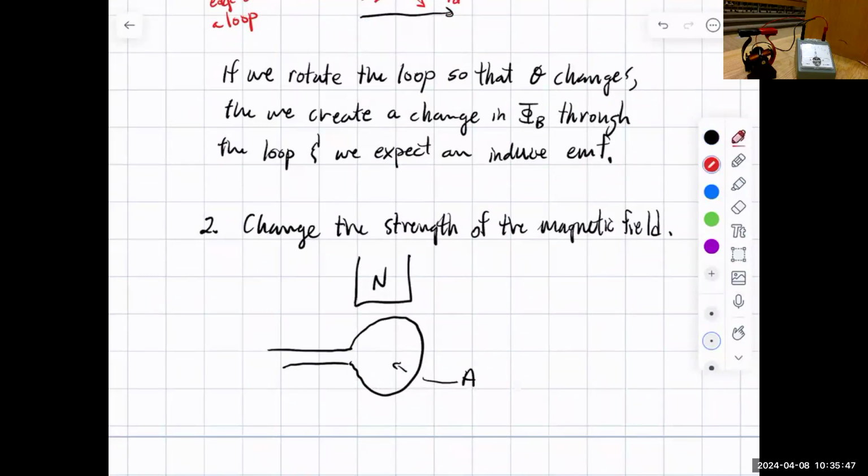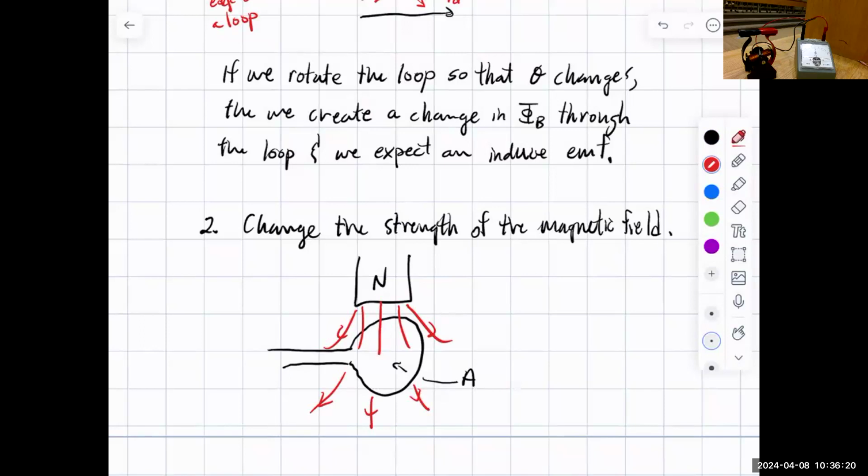This bar magnet, if this is the North Pole, is going to make a magnetic field that points out of the North Pole, and some of those field lines will pass through our loop. So if I keep the magnet completely steady and I keep my loop steady so they're not moving relative to one another, then the magnetic field and the magnetic flux through that loop is constant and nothing will happen.